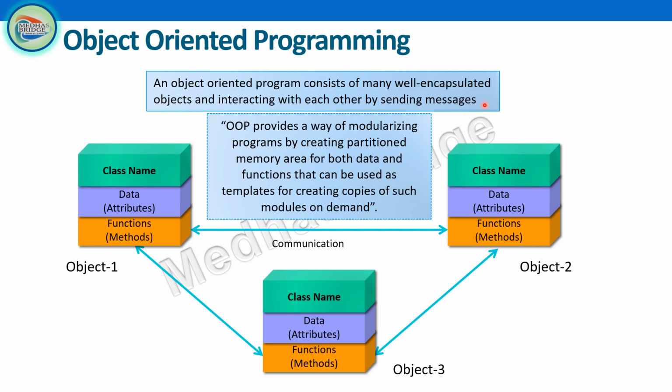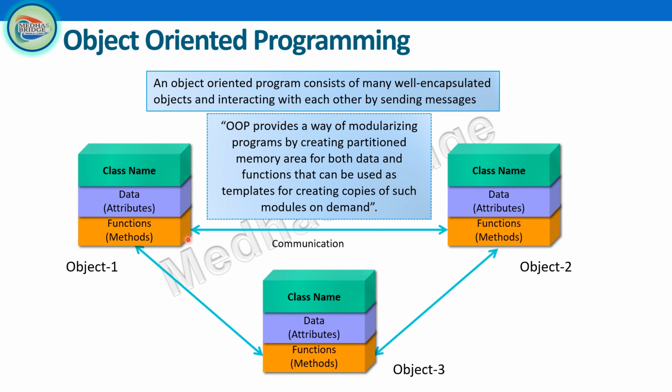For instance, here we have three objects, object 1, object 2 and object 3 within a program. These objects have data and functions, a partitioned memory area for each within the object.